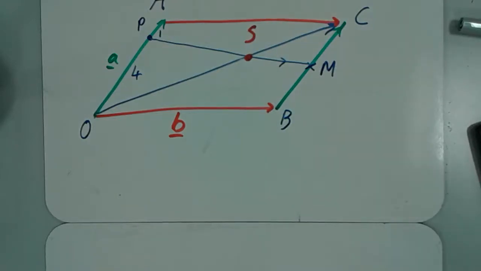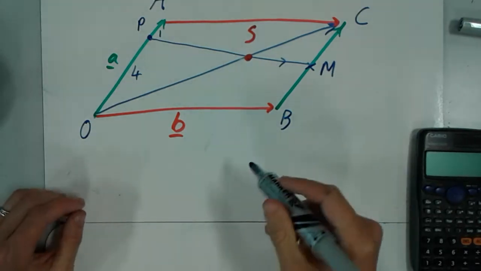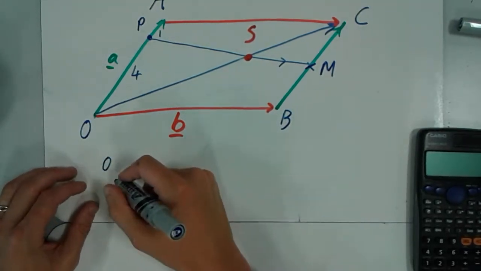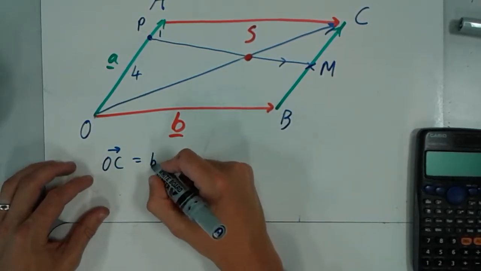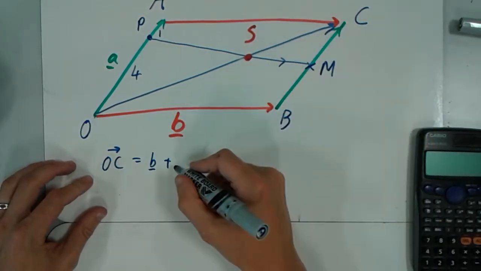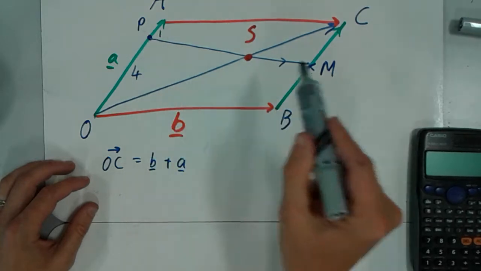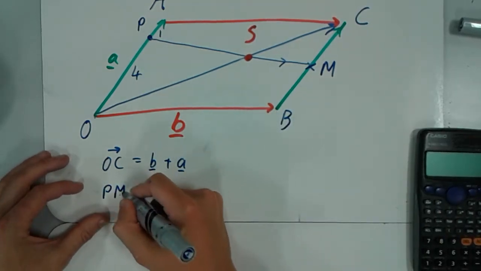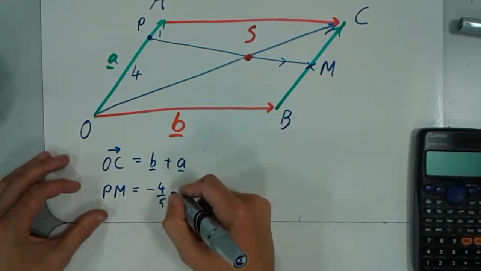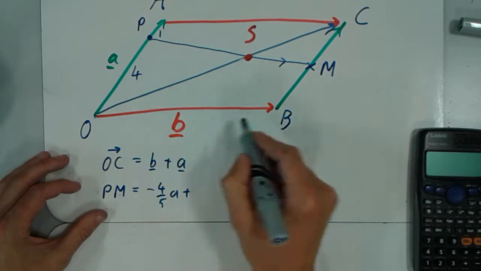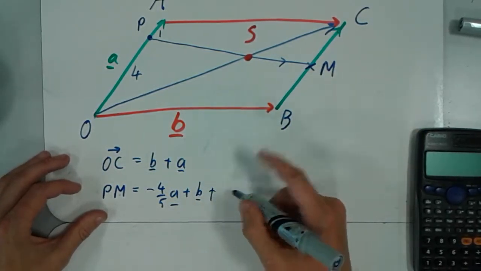Let's extend that problem that we saw in the previous video. In the previous video, we saw that we could go from O to C by going along B and then along A. We also saw that we could go from P to M by subtracting 4/5 of A, then adding B, and then adding half of A, as M was the midpoint.